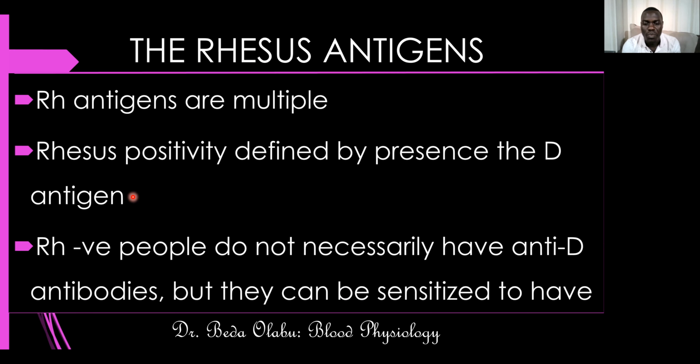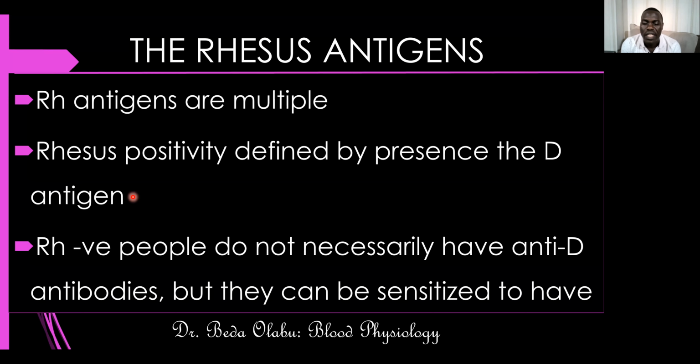Something different from the ABO antigens is this. In ABO antigens, if someone doesn't have an antigen, they definitely have the antibody against that. That is not the same for rhesus antigens. If someone is rhesus negative, it means they don't have the D antigen.